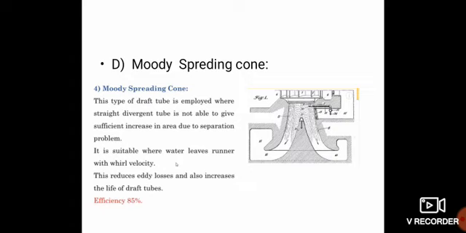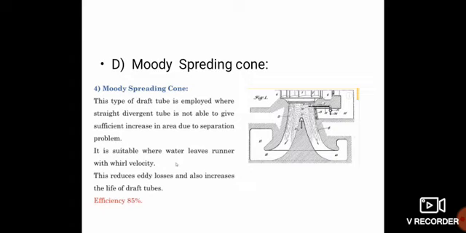The Moody spreading cone is suitable where water leaves the runner with whirl velocity. So whirl velocity is the main component, which you can discuss in the derivation part.